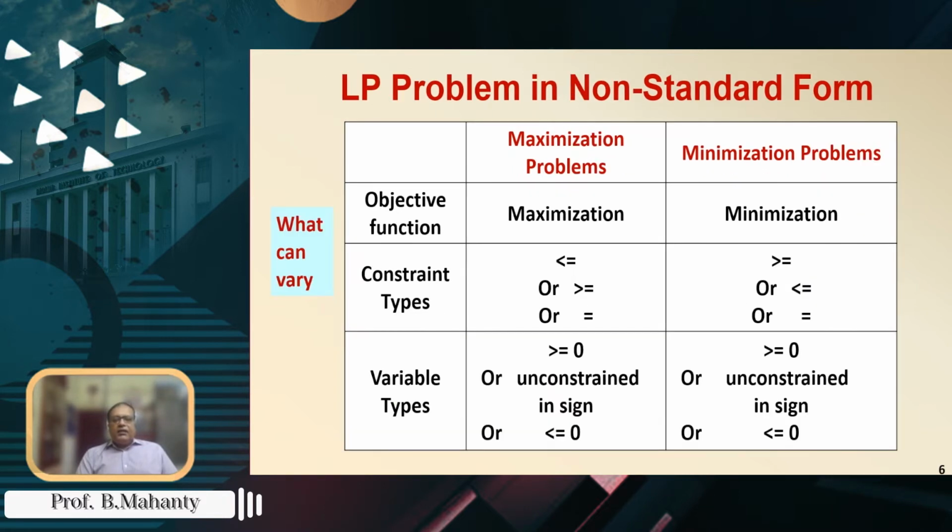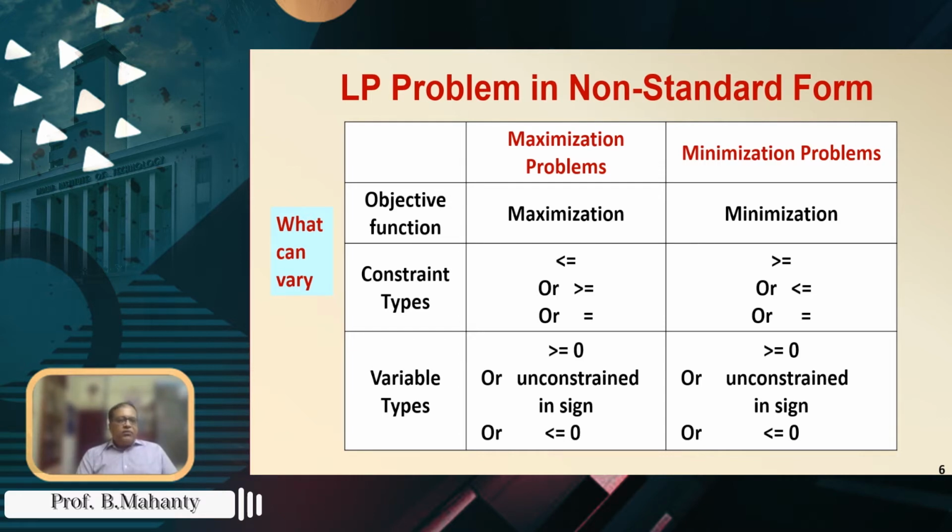So that is the comparison of the linear programming standard forms. Now, let us see what happens if we have a non-standard problem. The non-standard problem can be one of maximization, can also be one of minimization. The constraint type could be any of the three: less than or equal to, greater than or equal to, or equal to. The standard form is written first.